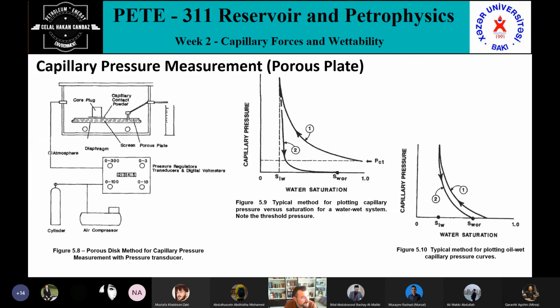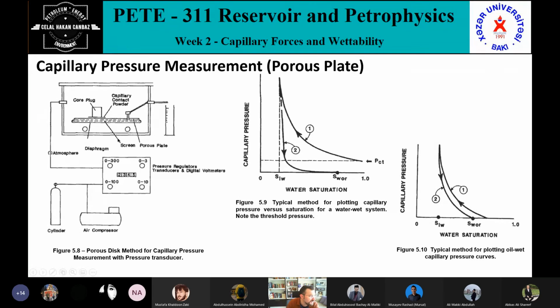The first one is the porous plate. Here you put your core plug. This is a raw description of the material for porous plate measurement. There's a pressure regulator, transducer, and digital voltmeters. There's an air compressor, and the cylinder takes the air, and then the air compressor pushes the air through the line to the inside.